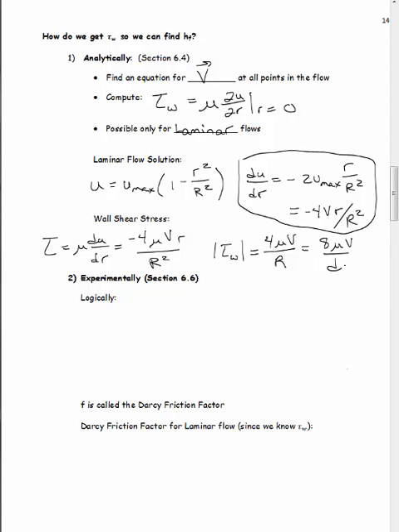Okay, if it's not laminar, then we're going to have to go to experiments. Since it's experiments, we can use our chapter 5 stuff. What we want to do every time we do experiments is put things in non-dimensional form. So for shear stress, we figure it's a function of rho, mu, d, velocity, and epsilon, where epsilon is wall roughness.